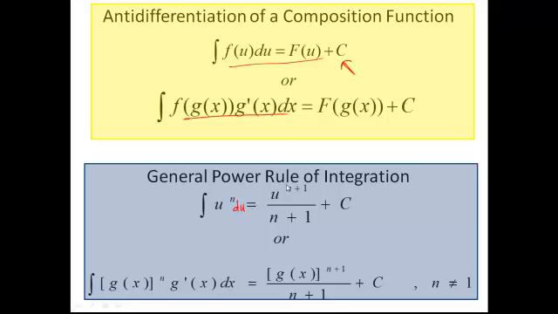Just add 1 to that exponent, and then divide by that whole entire new exponent. So this is nothing new. Same thing, except we're just letting g of x symbolize u, some sort of inner function to some sort of power. What you can do is take that inner function, add 1 to that exponent, and then divide by that new exponent.